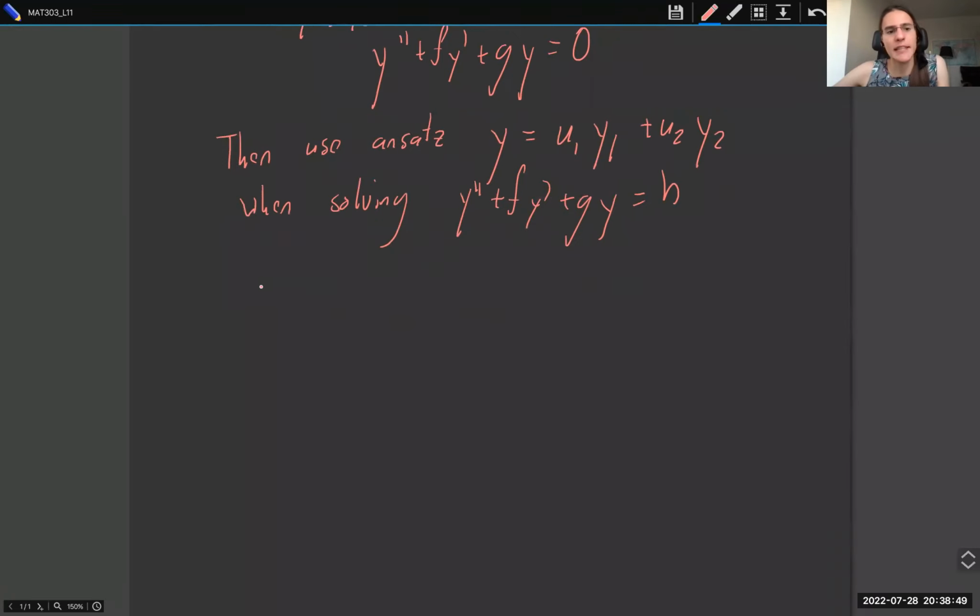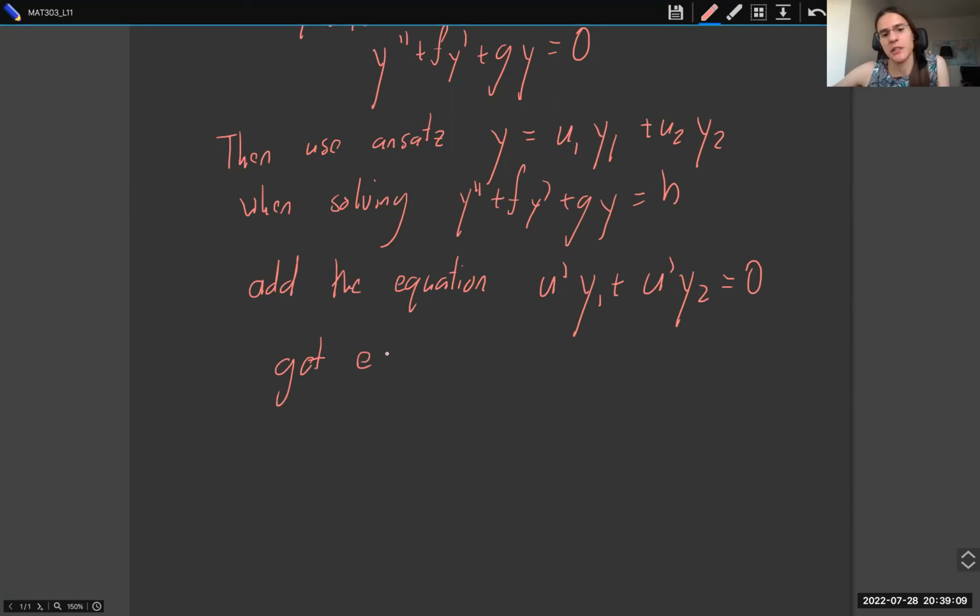So you add the equation that u1' y1 plus u2' y2 is equal to 0. And then you get the equation that u1' y1' plus u2' y2' is equal to h. So that's how it works out.